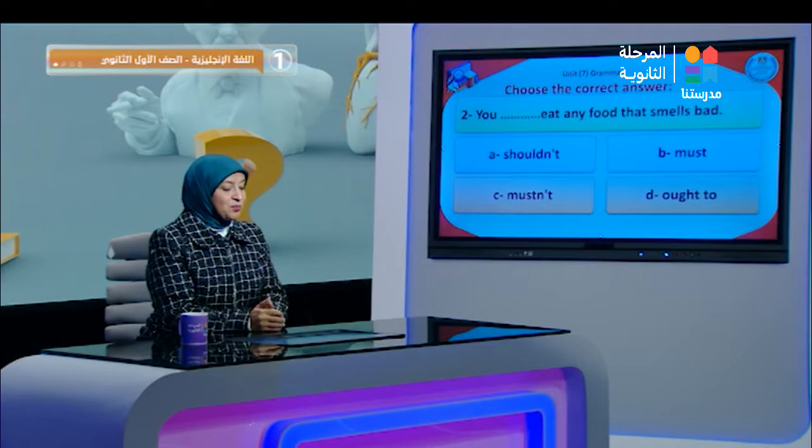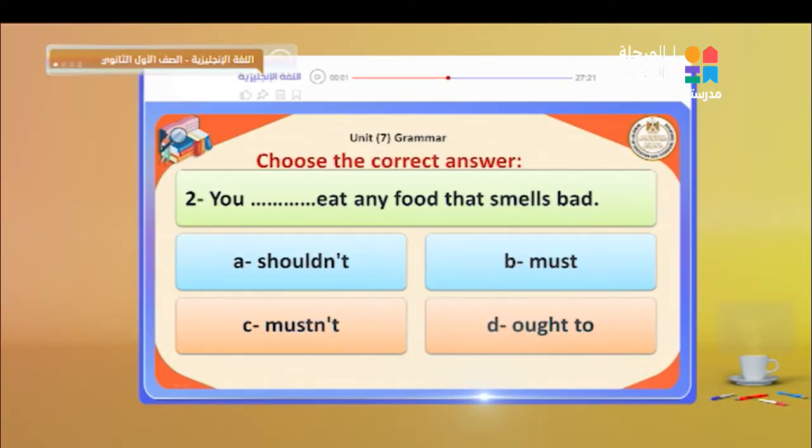Question number 2. You eat any food that smells bad. Of course, it's something dangerous to eat a bad food which smells very bad. So here we use shouldn't, must, mustn't, ought to. Again, we have negative and affirmative.